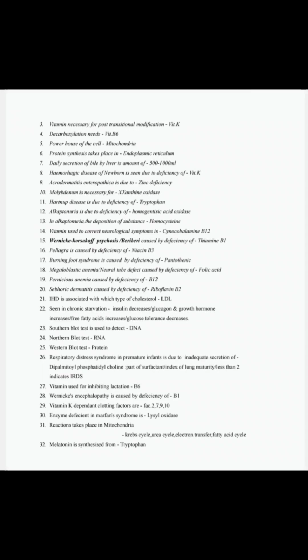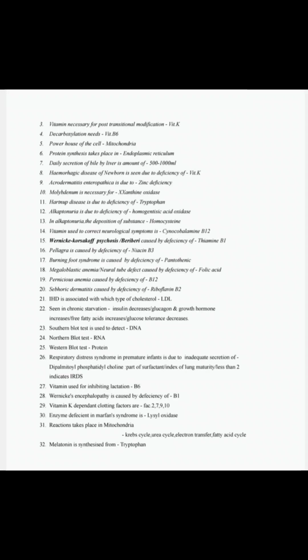The vitamin used for inhibiting lactation is B6, important. Wernicke encephalopathy is caused by the deficiency of B1. Vitamin K dependent clotting factors are those that depend upon vitamin K. When vitamin K is present, these clotting factors will be activated; in its absence, they will not be activated.